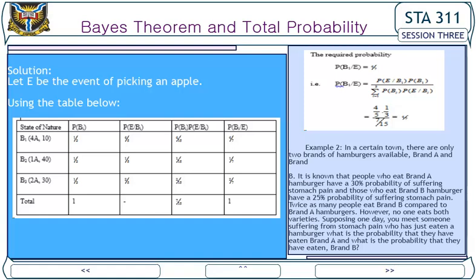Twice as many people eat brand B compared to brand A hamburgers. However, no one eats both varieties. Supposing one day you meet someone suffering from stomach pain who has just eaten a hamburger, what is the probability that they have eaten brand A and what is the probability that they have eaten brand B?